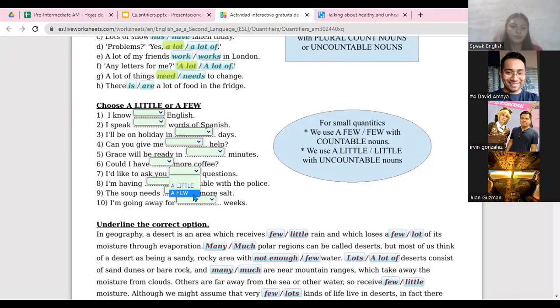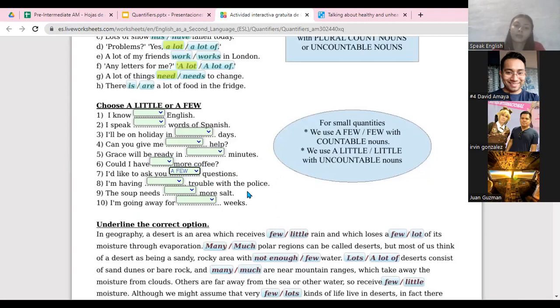A little, a little for uncountables. But here we have plural. No, the correct answer is a few. There's no sense if you use a little.